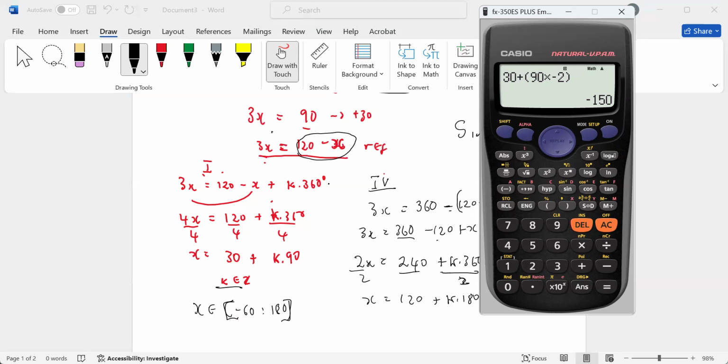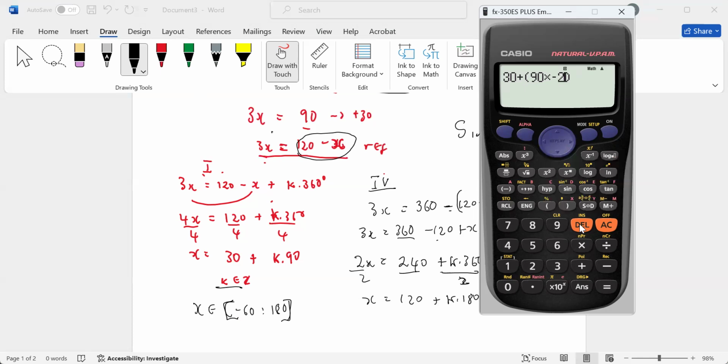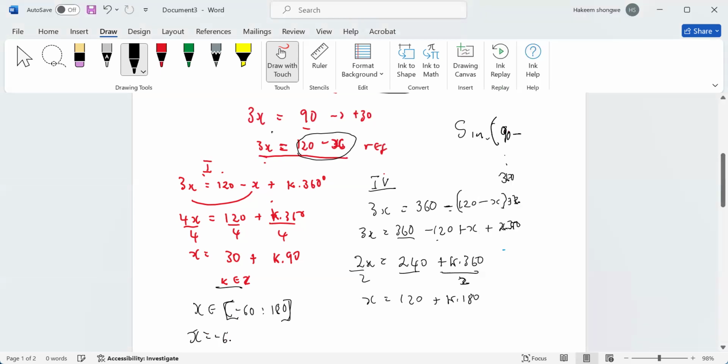Let's change this one and make it minus 1. Minus 1 gives me minus 60. Do I accept that one? Yes. So x is equal to minus 60, in the bracket, take the corners, the curve. We're not going to include 60.